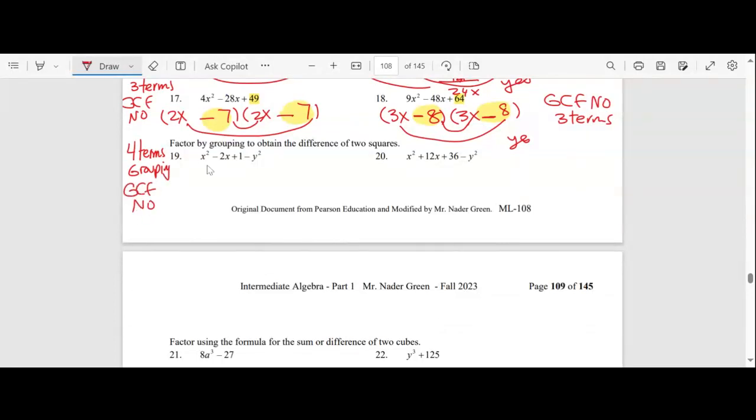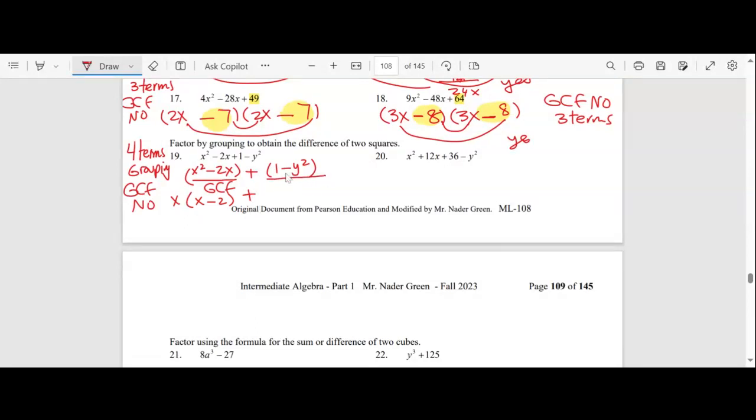No. So we take the first 2 and the last 2. The first 2 is going to be what? x squared minus 2x together plus, and then 1 minus y squared. Now, what is the greatest common factor here? x, correct? So what's left? x minus 2. Okay?